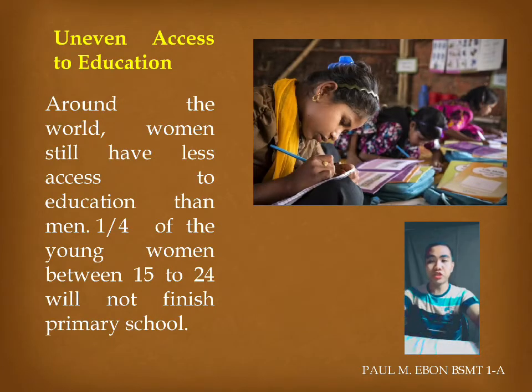The second picture shows uneven access to education. Around the world, women still have less access to education than men. One quarter of young women between 15 and 24 will not finish primary school.